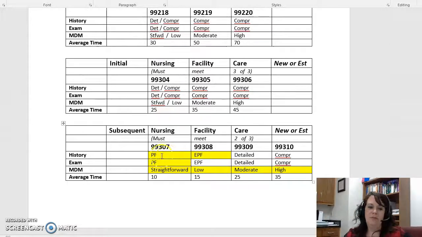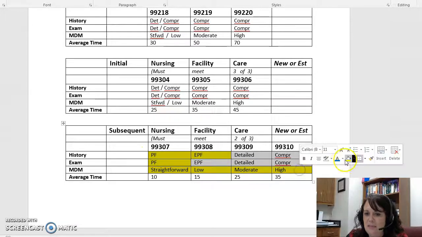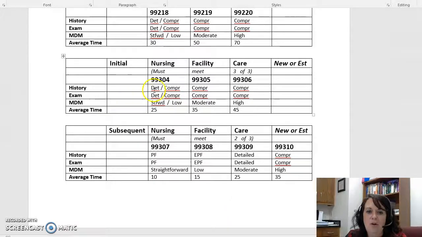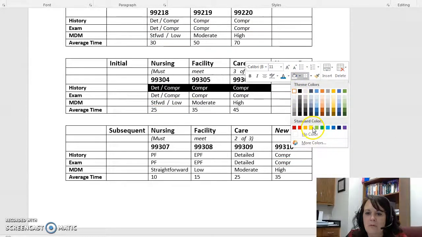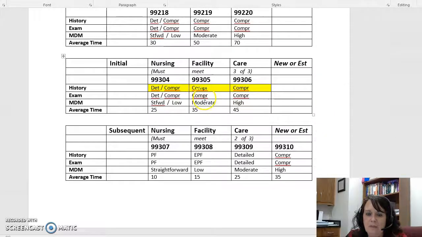What if it was the very first time Dr. Thompson had seen Edna in the nursing home? She was just being admitted. And what if it said in your homework, Dr. Thompson's level of history was comprehensive, which would be that.